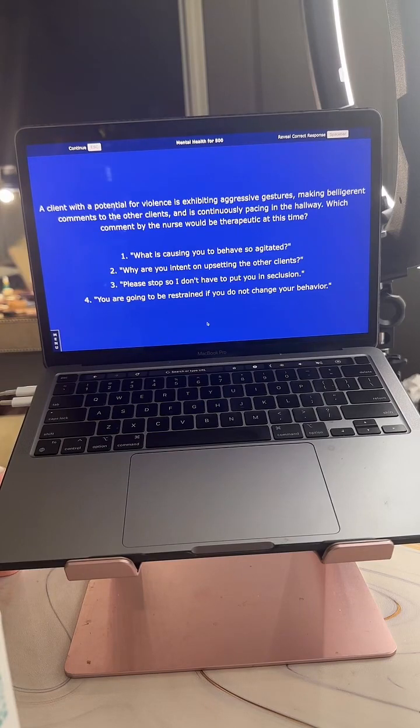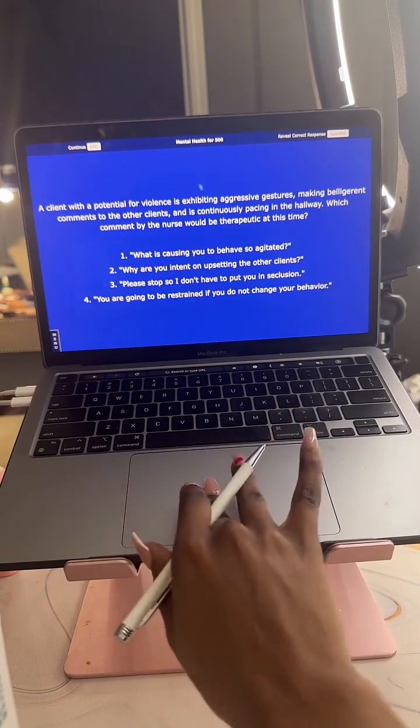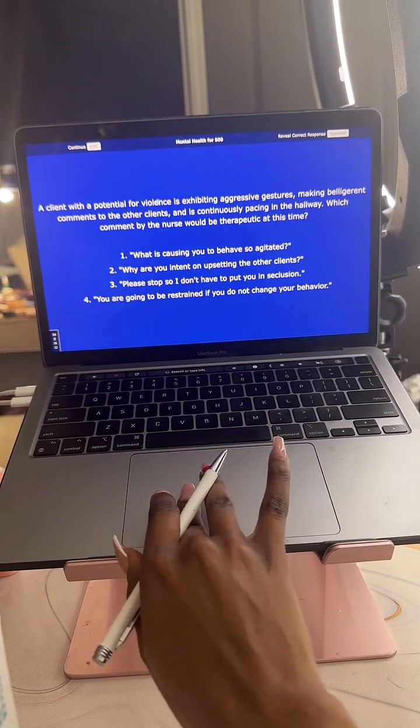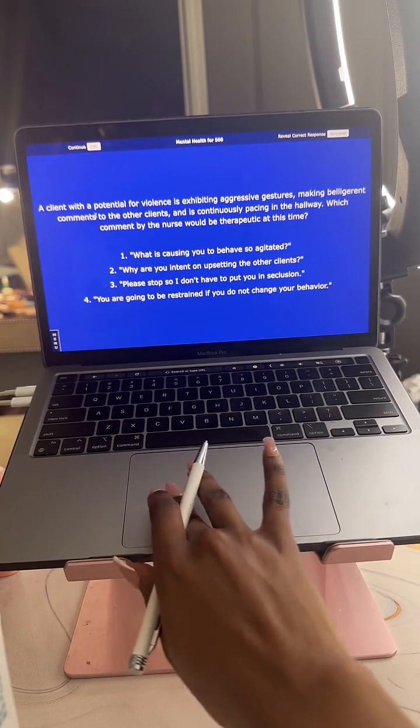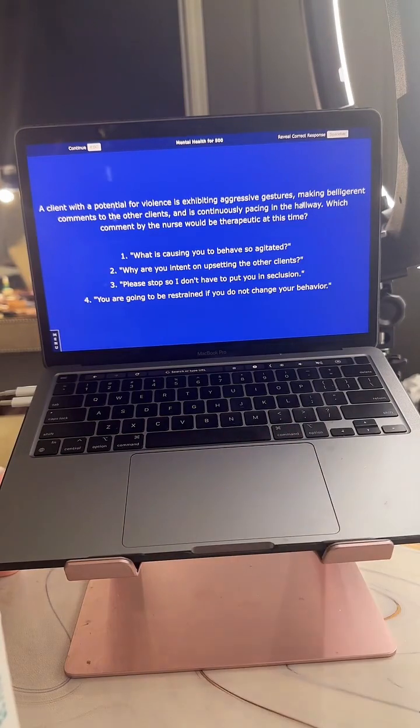What is our answer? We got mental health. Y'all know in mental health the words therapeutic communication are used every 2 seconds. Which comment by the nurse would be therapeutic at this time? We have a client that's exhibiting aggressive gestures, a potential for violence, making belligerent comments to the other clients and continuously pacing the hallways.